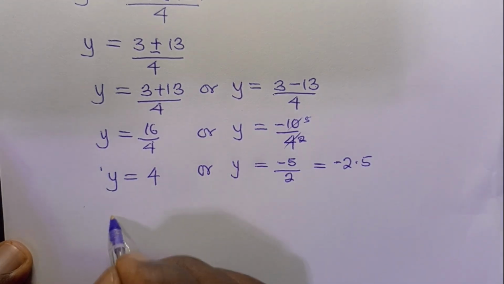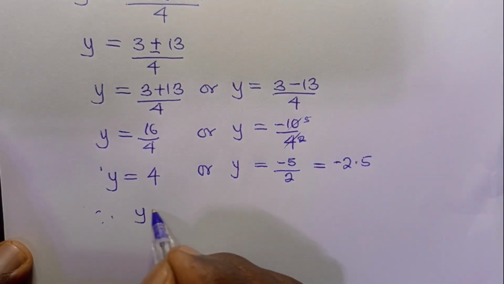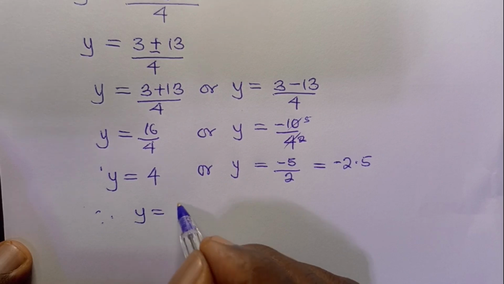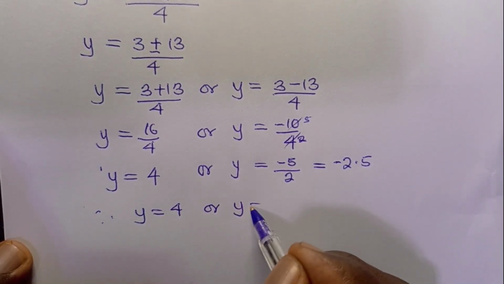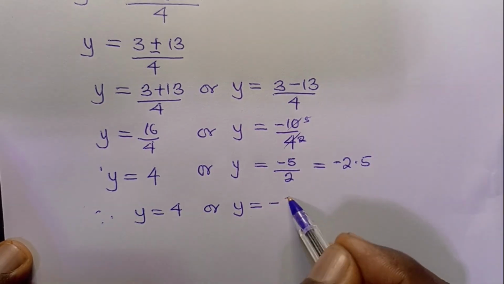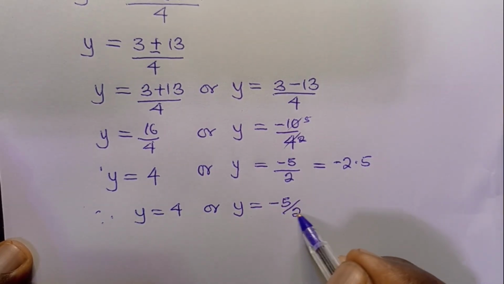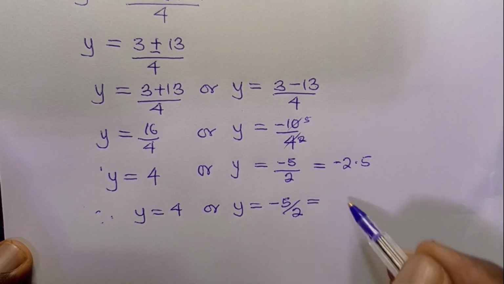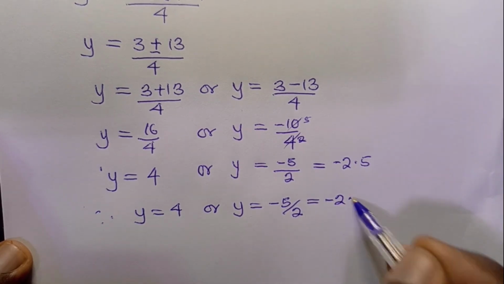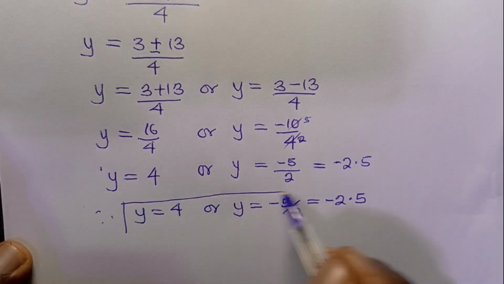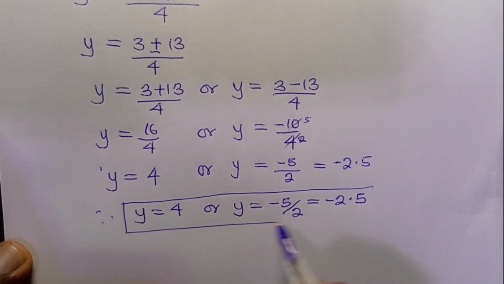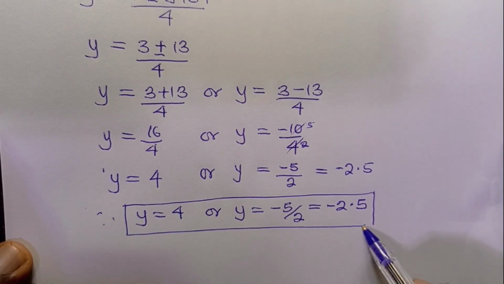So therefore, y equals 4, or y equals −5/2, which can also be written as −2.5. So these are the solution sets for the equation.